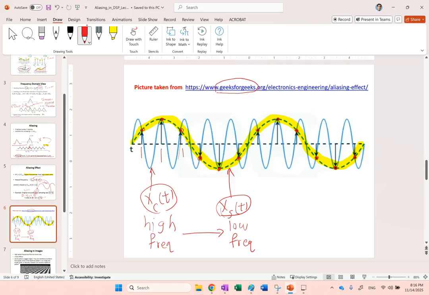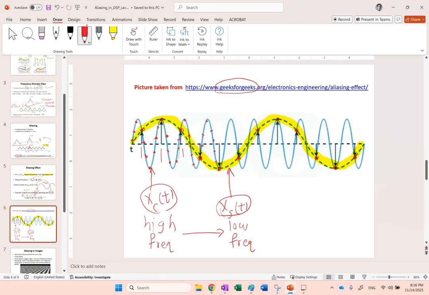Now, if I sampled very fast, with a smaller sample time, then you will get a lot of points, so probably you will get all of this. Now, if I have all of these new red points, can you still pass that low frequency yellow curve through them?